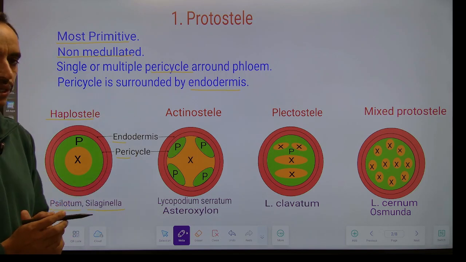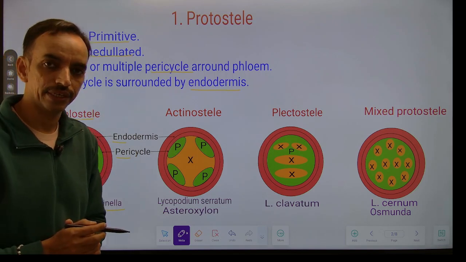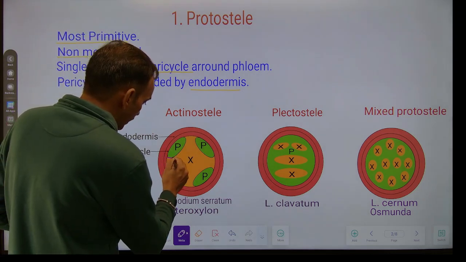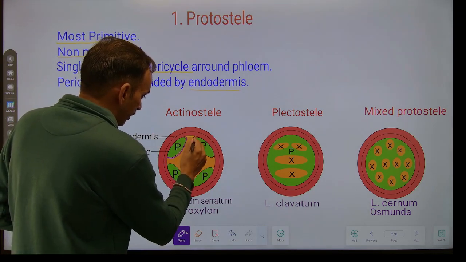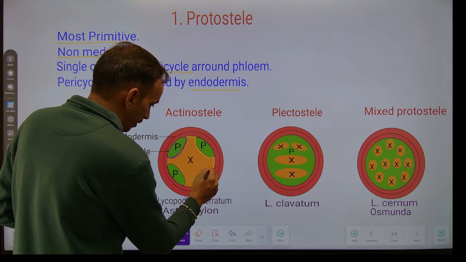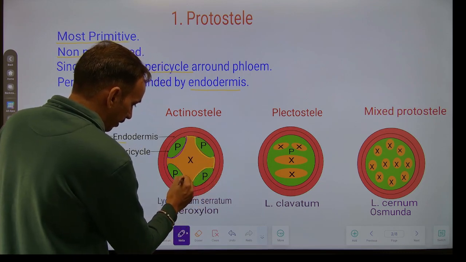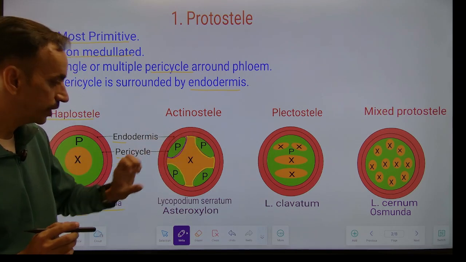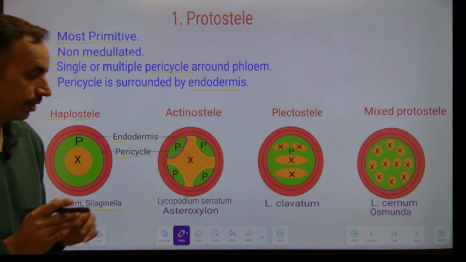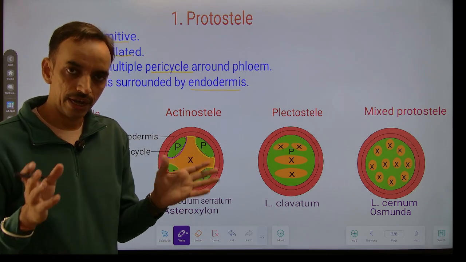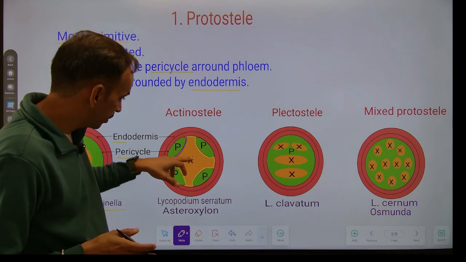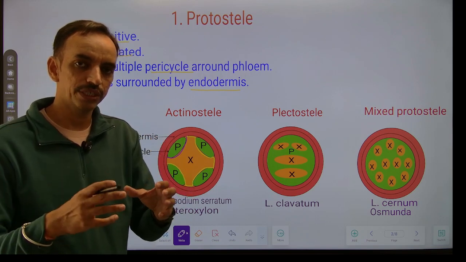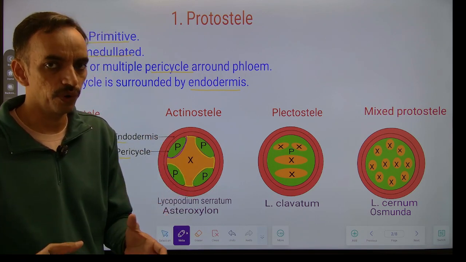The next type of protostele is the actinostele. Here we can observe the presence of a star-shaped xylem. यहाँ पे जो xylem है वो आपको एक स्टार शेप में देखने को मिलेगा, which has extended arms which can extend towards the ridges of phloem.